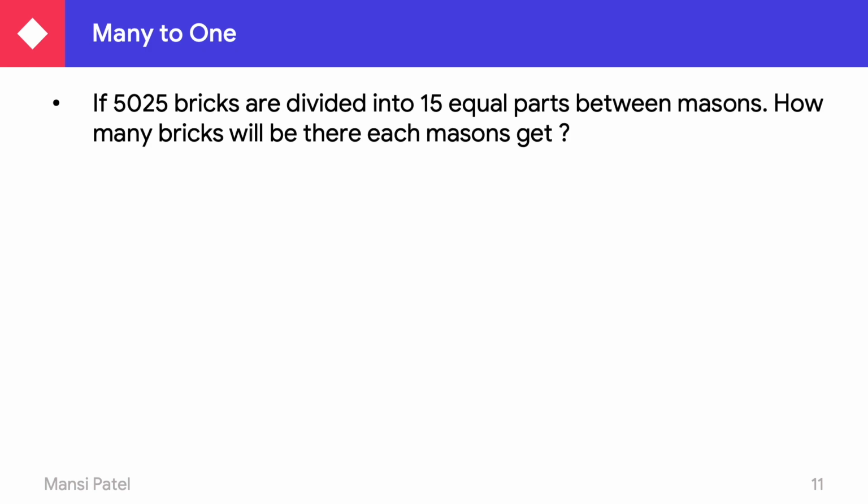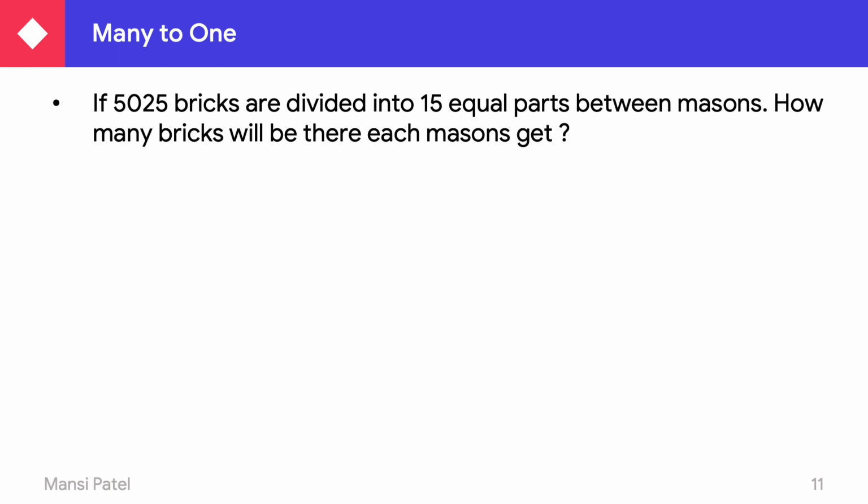Let us see another example. If 5025 bricks are divided into 15 equal parts between the masons, how many bricks will each mason get? So here the number of masons and bricks were given to you and we have to find out the number of bricks.